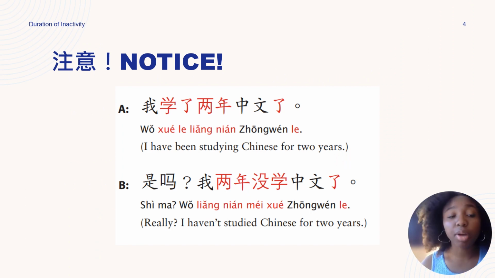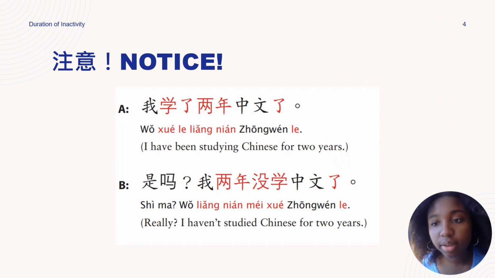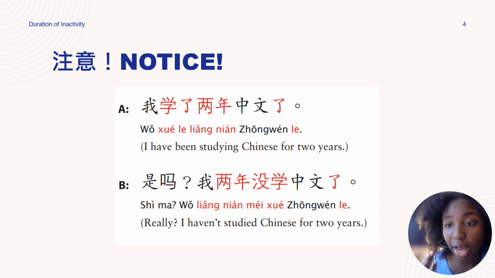那请你们注意 there's a difference between this construction and the one that indicates a duration of an action in the affirmative sense, like we were saying. So, 我学了2年中文了 I have been studying Chinese for 2 years.